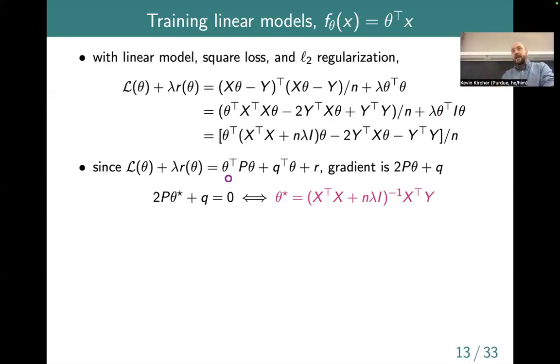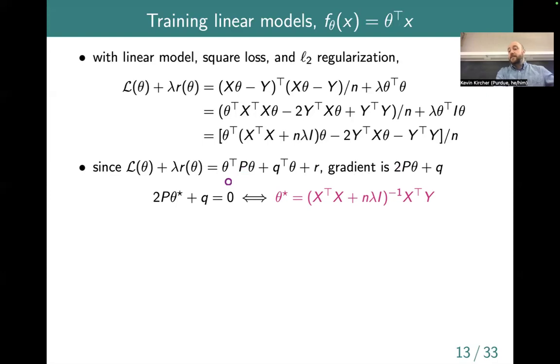We've talked a couple of times over the last couple of weeks about quadratic functions, and how you can take their derivative, or the gradient, and it looks just like the scalar case. This is like p times theta squared, so its derivative becomes 2p times theta. Then we have q times theta, whose gradient just becomes q.